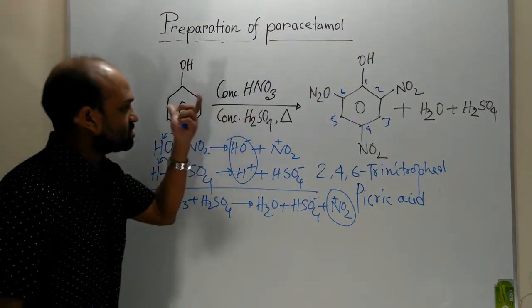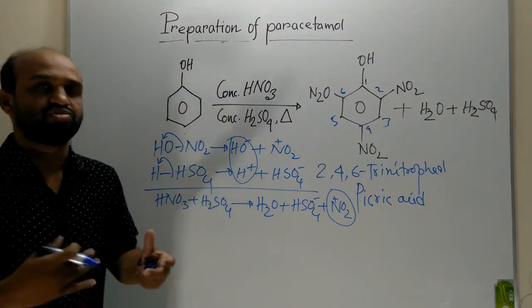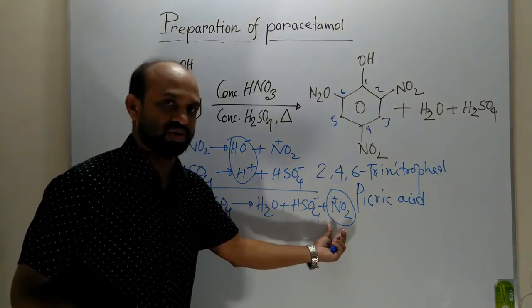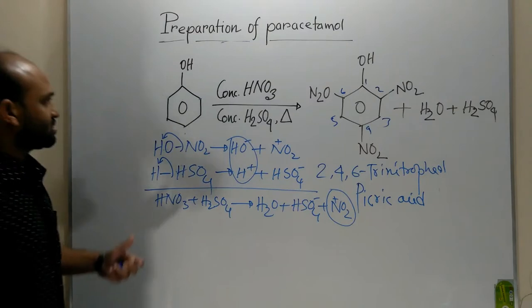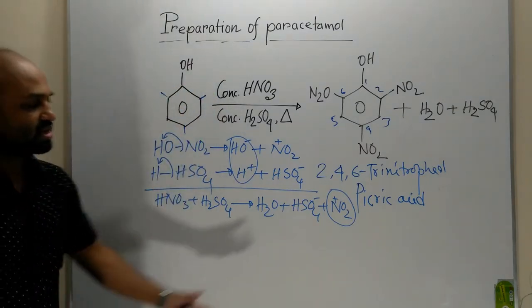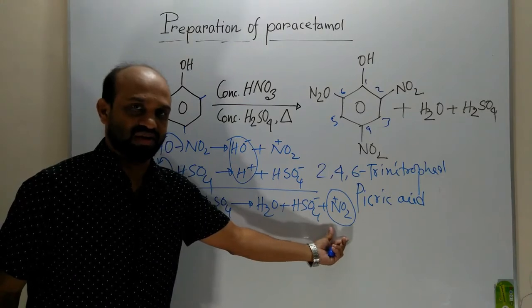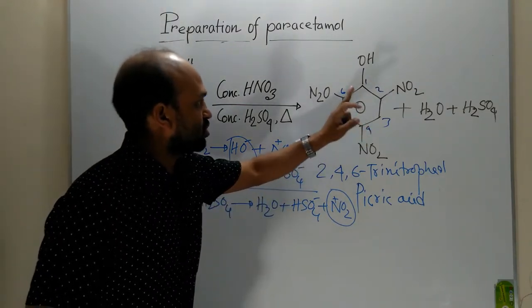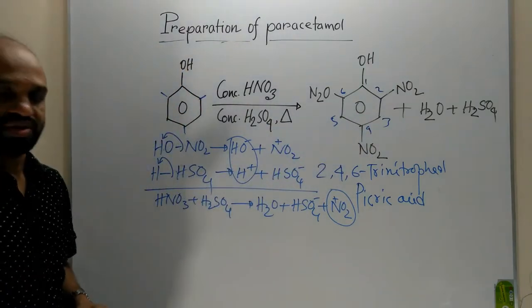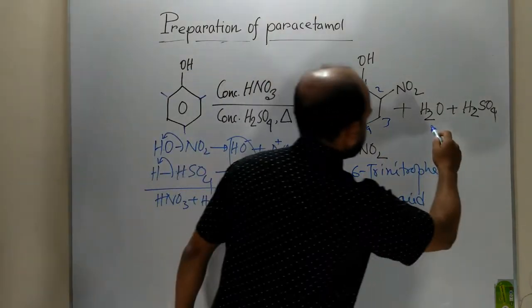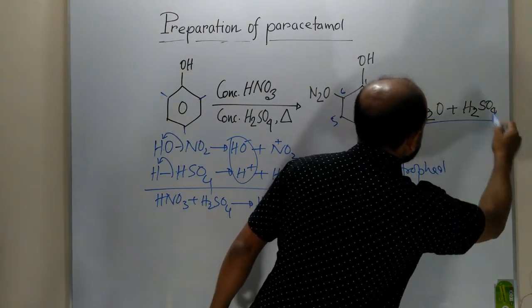Since the reagent is very much concentrated, so huge amounts of nitro group is produced, and as a result at the same time ortho and para positions are attacked by this electrophile, and that is why we get 2,4,6 trinitrophenol. And another point we should know, that is here the byproducts are water and sulfuric acid.